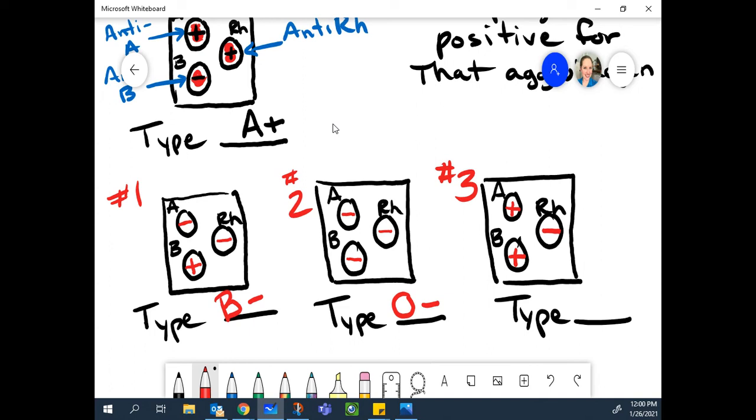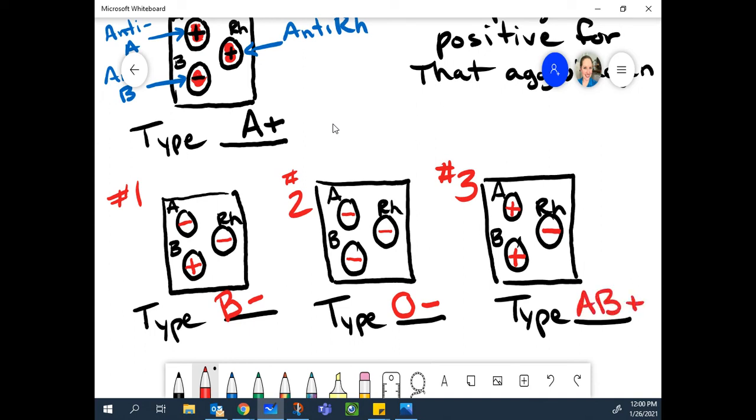So if you don't have any of these A or B, that means it's type O. And then you look at the RH, and if it's negative, you write negative. So then what about this one? We do have A, we do have B, but no RH. There you go, AB positive.